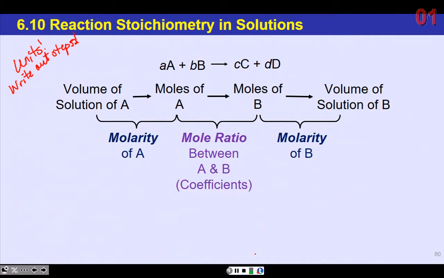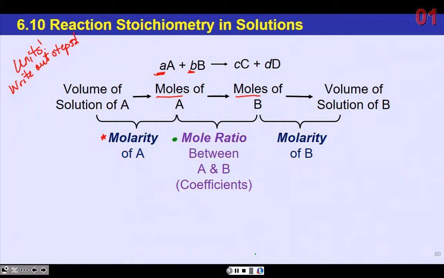So in order to come up with the volume of one thing relating to the volume of another thing, we always have to go back to moles, because moles are how things react in a balanced equation to make products. And so in order to figure out the number of moles, given a volume of something, we're going to use molarity. And then how many moles of A reacts with moles of B becomes a question of a mole ratio.